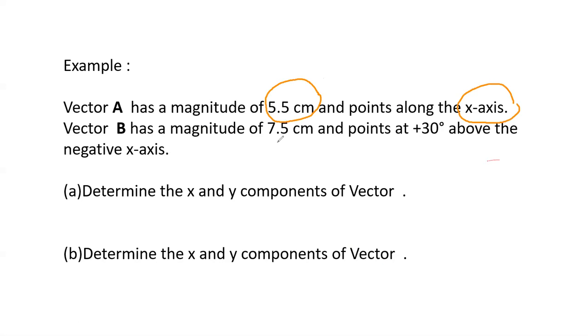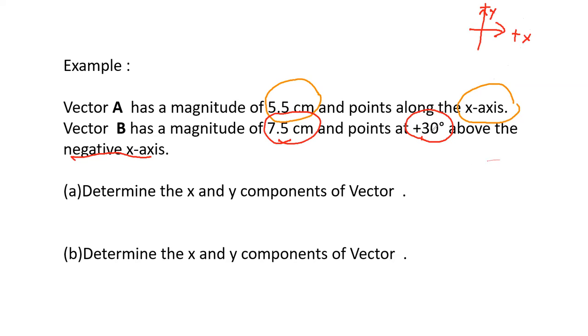Vector B has a magnitude of 7.5 and points 30 degrees above the negative x-axis. Before you see the answer, let's try to draw these two vectors. This is my x direction, this is my y direction. I'm spending more time here because this is the basis of getting the components.